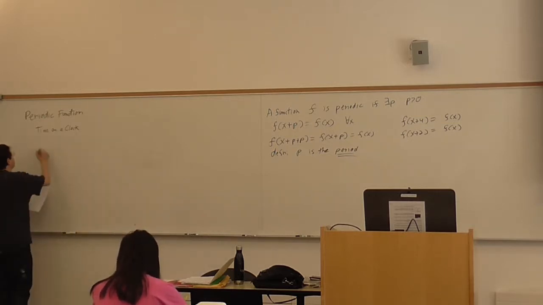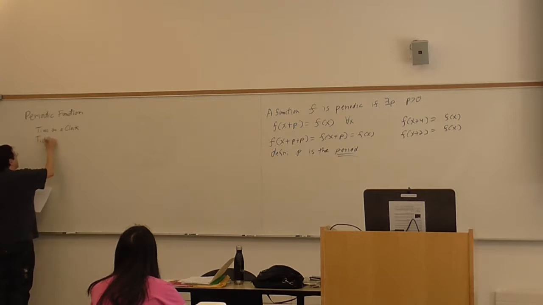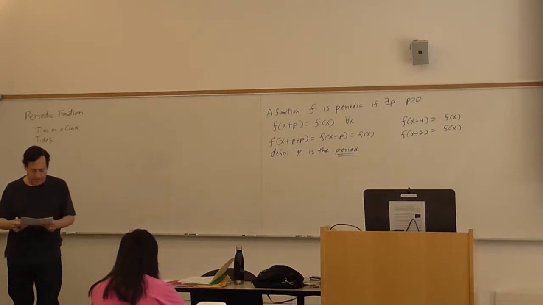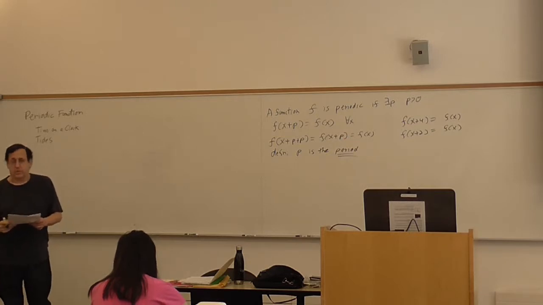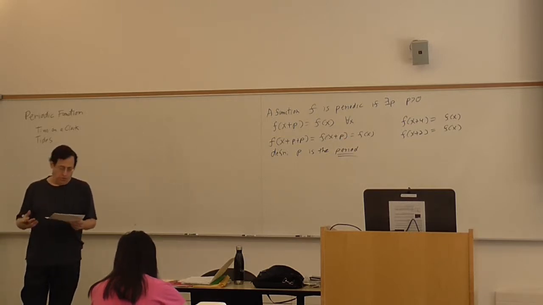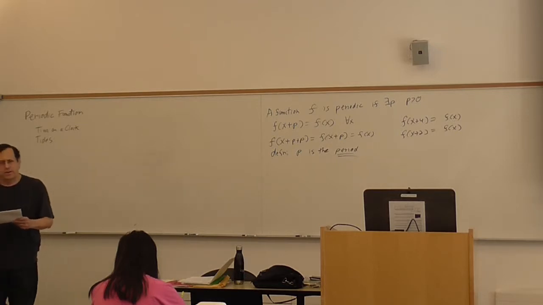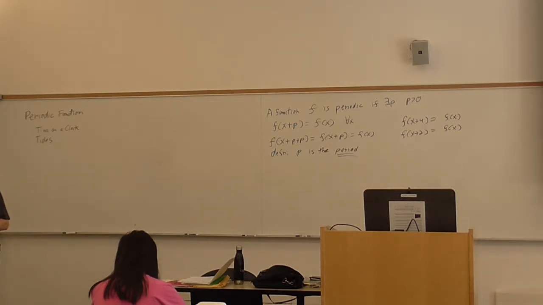The ocean tides. I have a slide on that I'll show you. The position of the Earth around the sun. What's the period of the position of the Earth around the sun? Yes? 365 days.